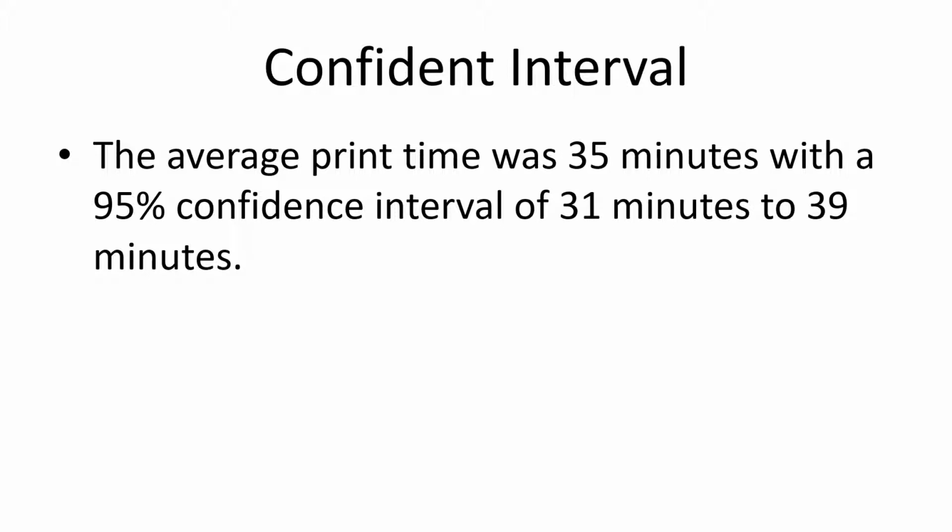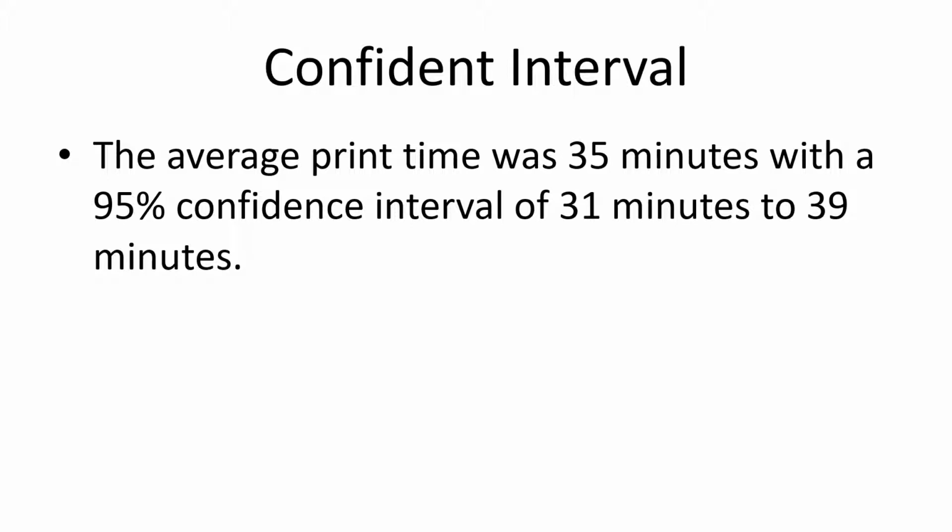And we can say this quite confidently, that 95% of the time we're going to get a result somewhere within this range. And that's within 2 standard deviations. So you can see that it is a difference of 4 minutes, either 39 or 31 minutes. So we have a 4-minute variation there, and that will occur 95% of the time.